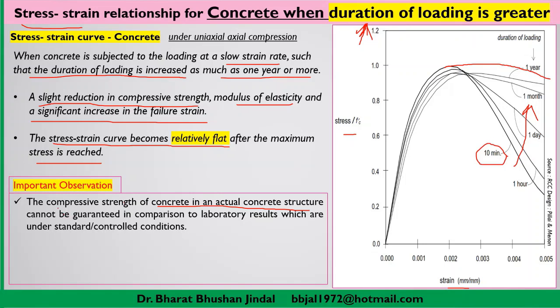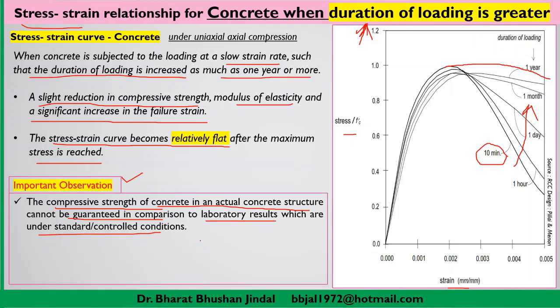So that's why this is the important point. Whatever be the compressive strength of the concrete you are getting after the testing of the cube, that may not be applicable, or that may not be properly usable in case of huge structures. So we can say the compressive strength of concrete in an actual concrete structure cannot be granted in comparison to laboratory results, which are under standard conditions and controlled conditions.